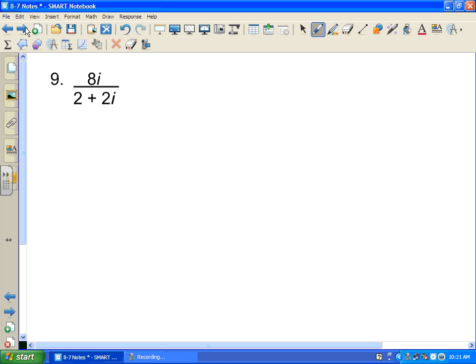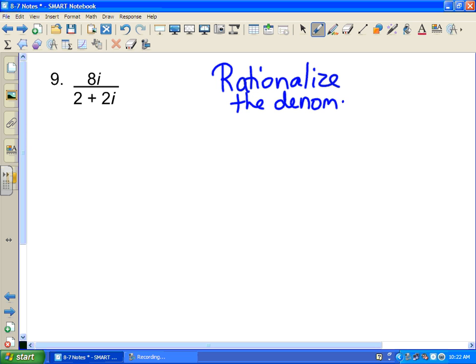Okay, this is division, but just like with radicals, you can't really divide that. You could divide all those by 2 if you wanted, but it still would be dividing the whole thing. Instead, we're going to rationalize the denominator. You remember what that meant when we did radicals? Get the radical out of the denominator.